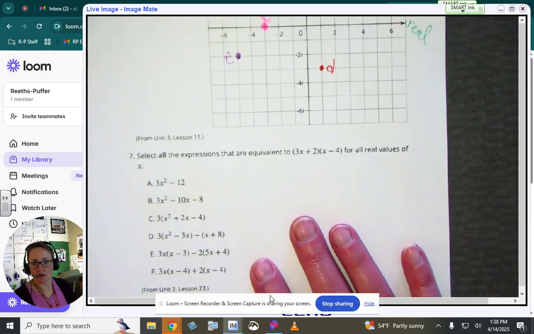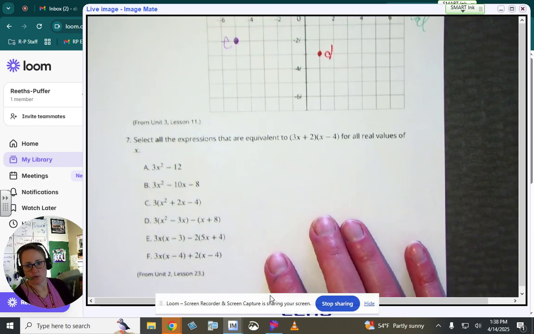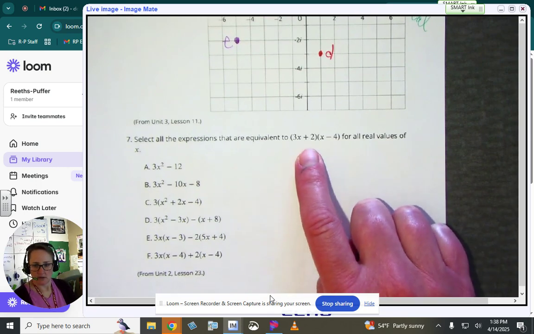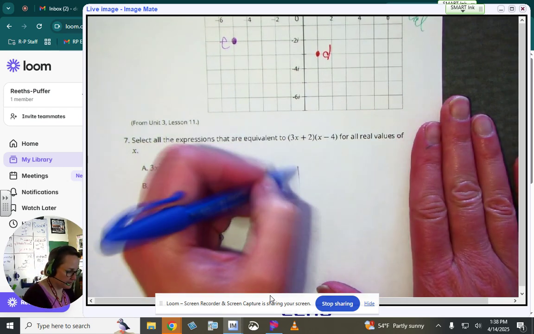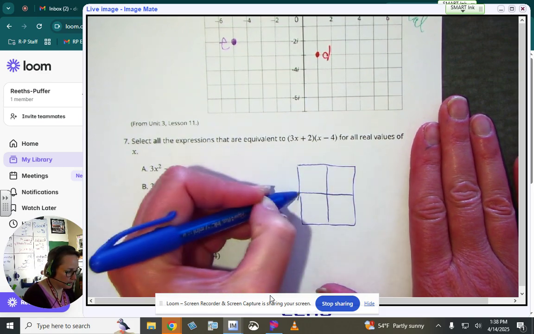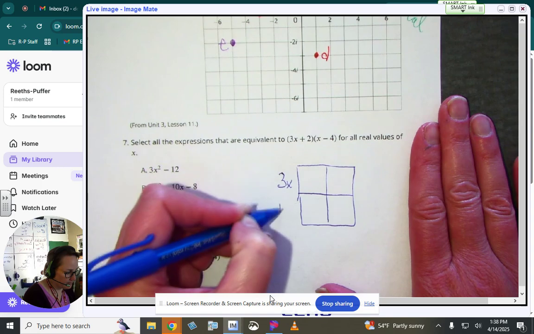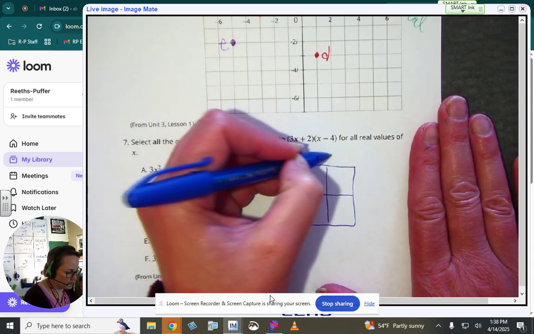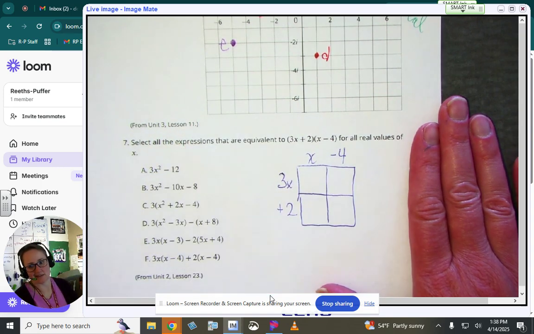Alrighty, we need all the expressions that are equivalent to this. It's trying to get us to remember the same thing we were doing with complex numbers, to multiply, we have done in the past with x's. I kind of like that they asked us this here.